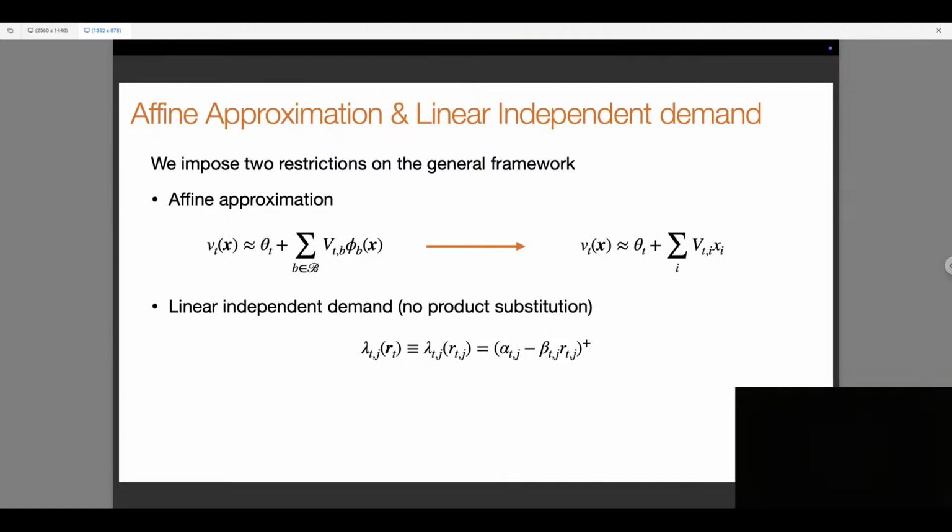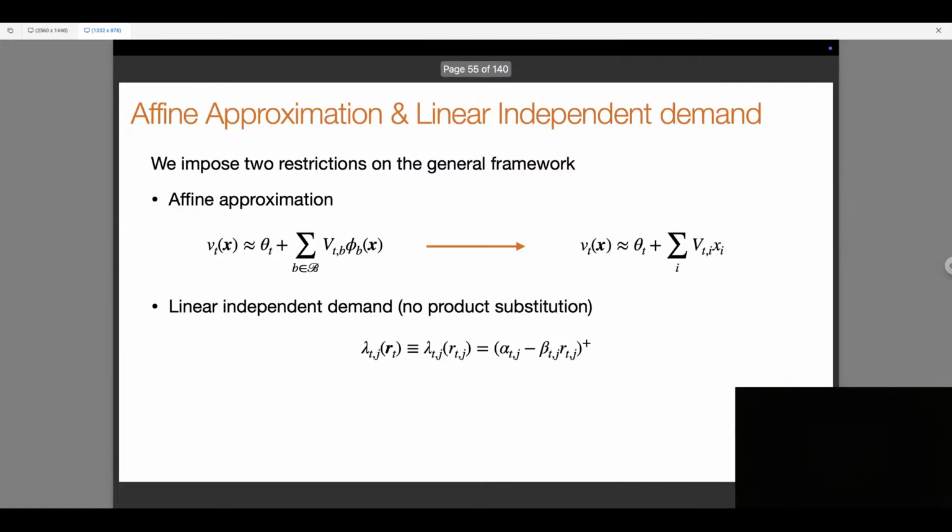And second is the linear independent demand, means that there's no product substitution, and we denote this lambda tj given rt now equal to the linear independent demand in this formulation.